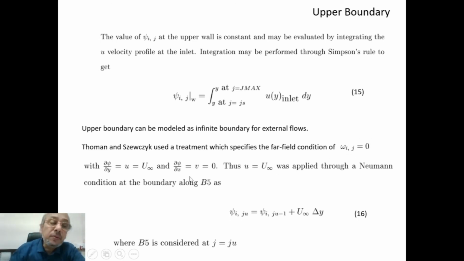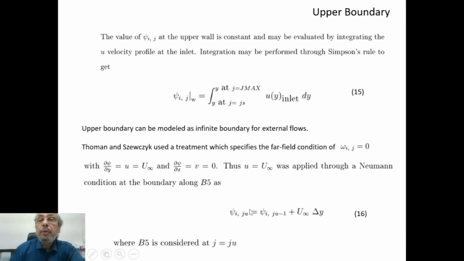Omega ij equal to 0, ∂ψ/∂y equal to u∞. So u equal to u∞, v equal to 0, and ψ considering ∂ψ/∂y equal to u, and that u equal to u∞.